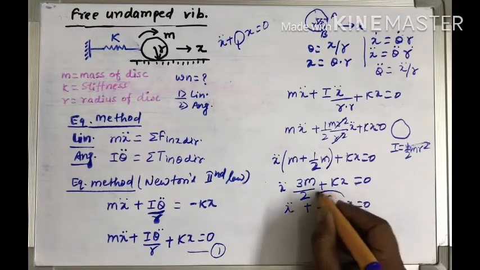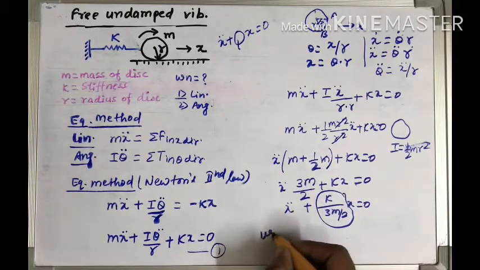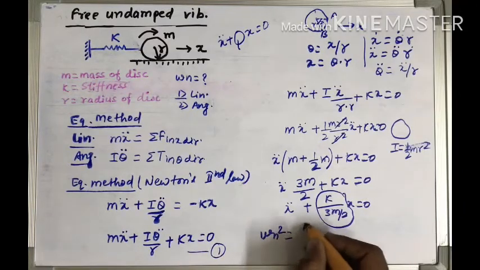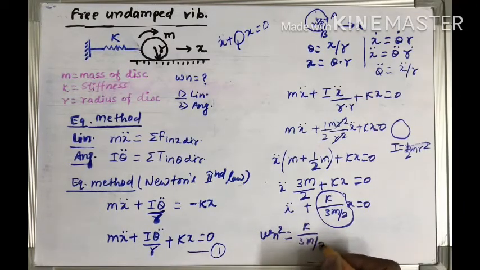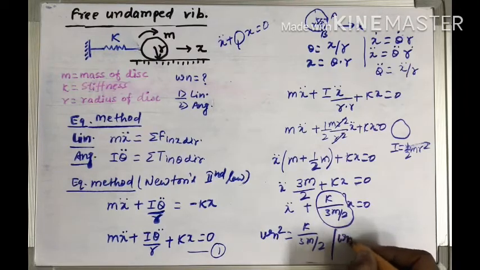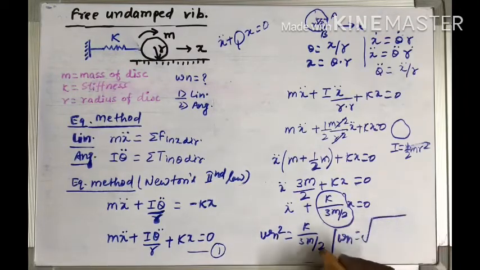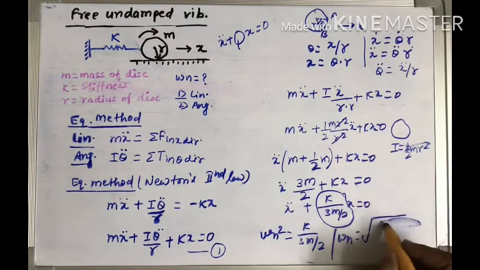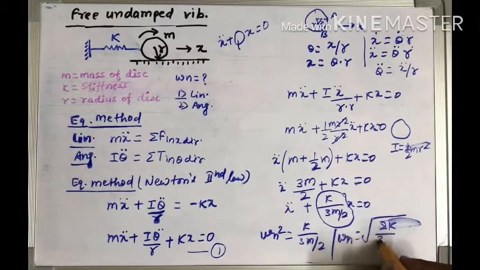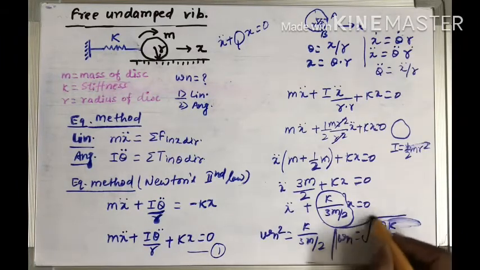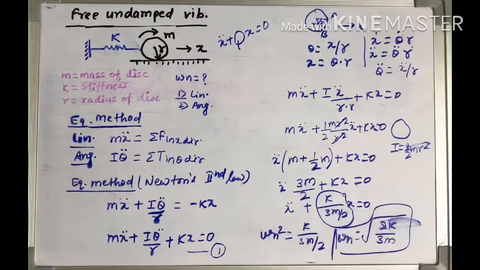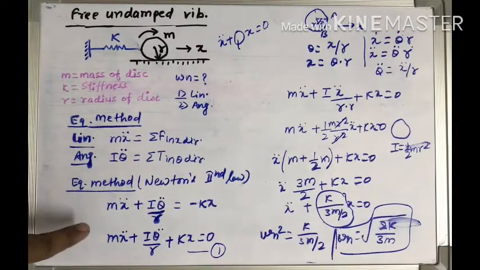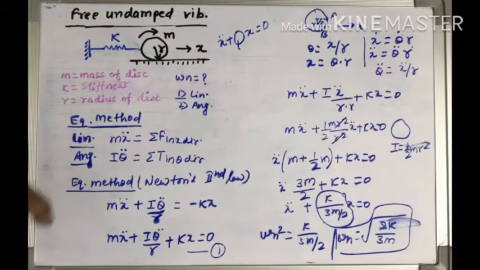This is the value of the square of natural frequency. So omega n is equal to root under, this 2 will come on the upper side, 2k divided by 3m. This is the result for natural frequency in this case with the help of the equilibrium method, or Newton's second law method.